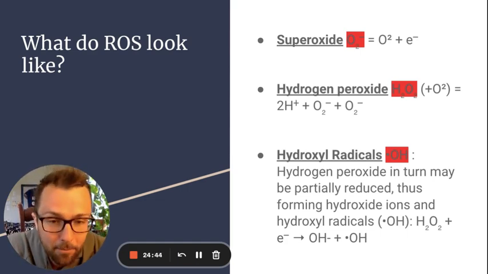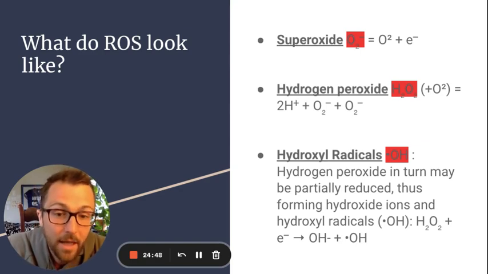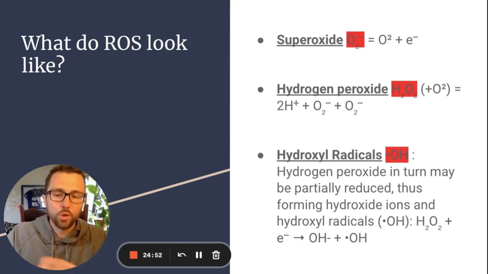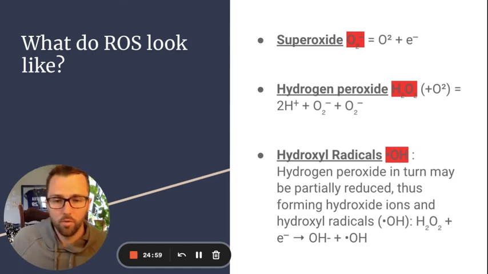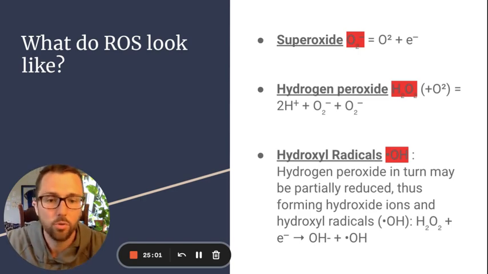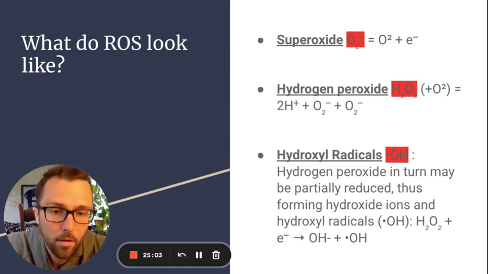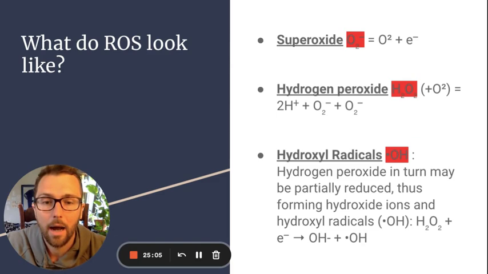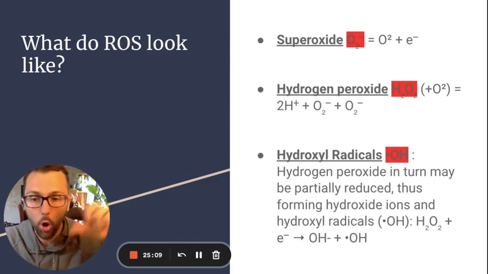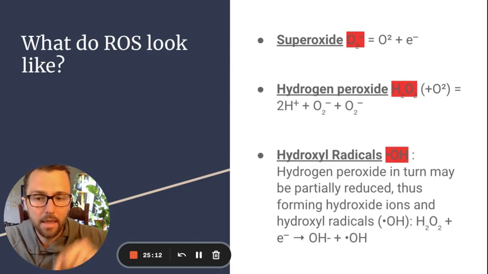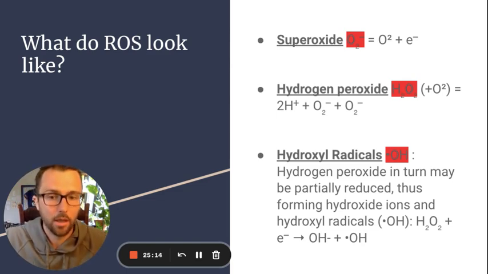Okay, so hydrogen peroxide is incredibly reactive, and then hydroxyl radicals are kind of a result of the breakdown of hydrogen peroxide, which can be reduced by an exchange of molecules and electrons to turn into a hydroxyl molecule, which is just regular OH minus, but this has an extra electron.